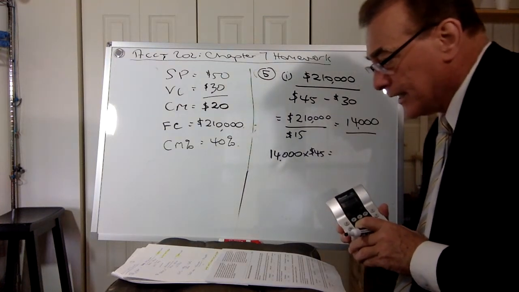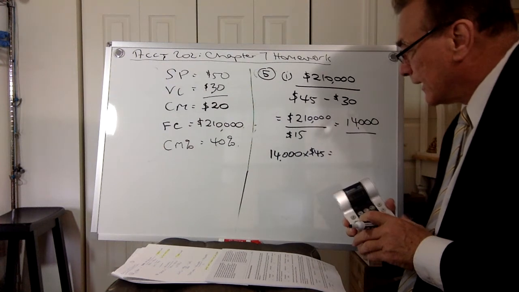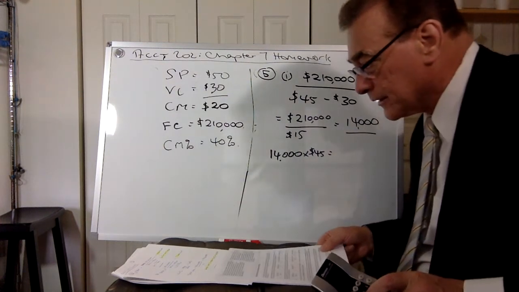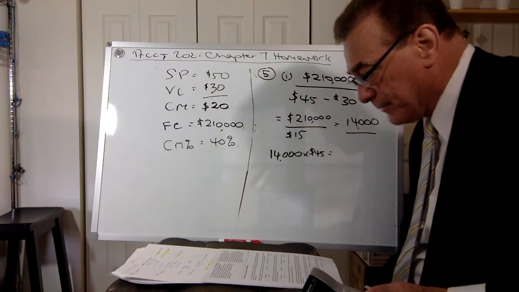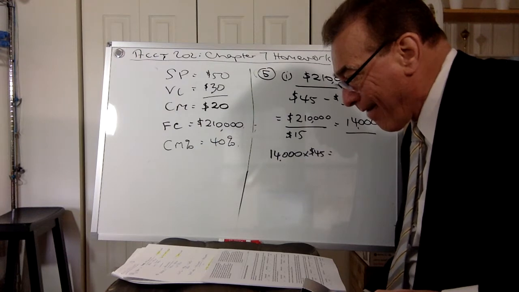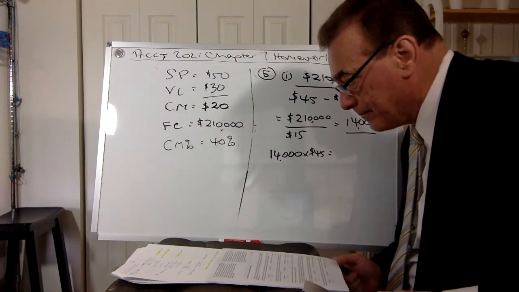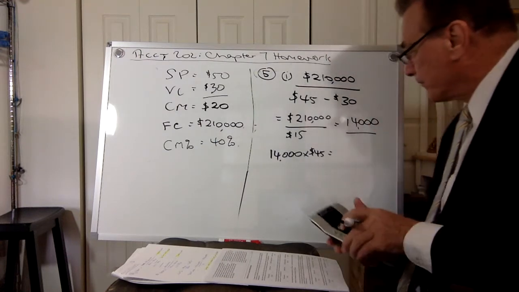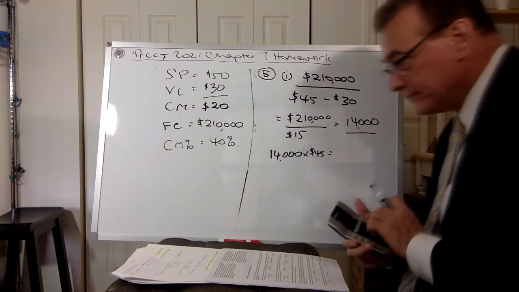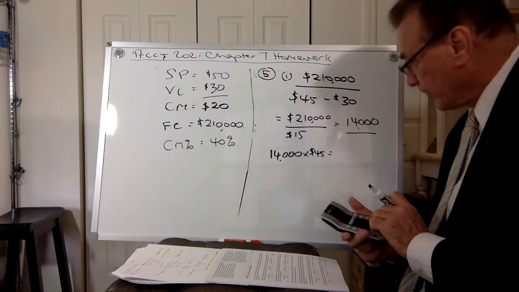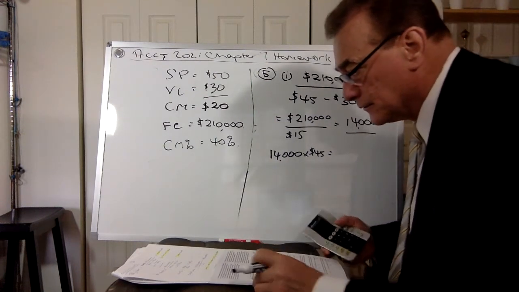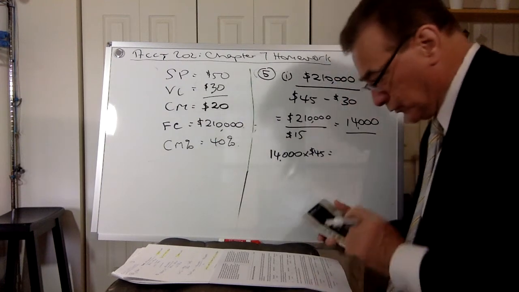630,000, and I made a mistake. Let me look at that. Question 5, part B, what's their sales dollars? $630,000, which is correct.